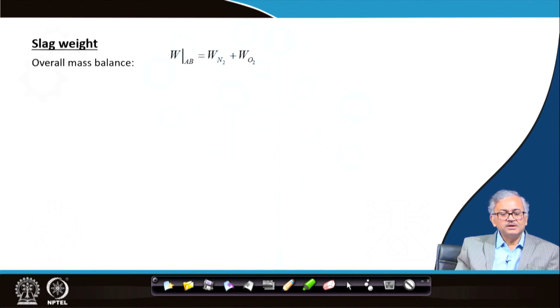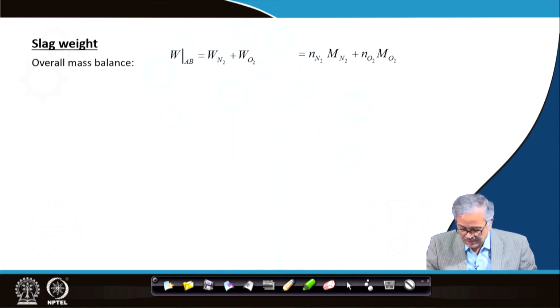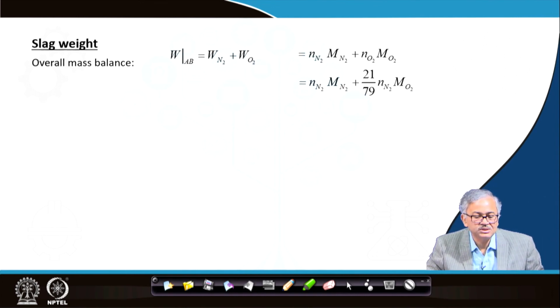Now let us calculate the weight of the air blast. As I said, the weight of air blast is the weight of nitrogen plus the weight of oxygen: moles of nitrogen multiplied by the molecular weight of nitrogen, and moles of oxygen multiplied by the molecular weight of oxygen.